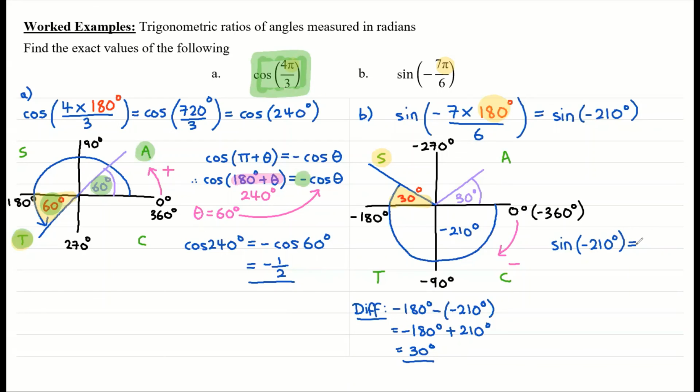And remember, sine is positive in this quadrant. That means that this sine value is also positive. So it must be identical to just the sine of 30 degrees. And then the sine of 30 degrees is, of course, 1/2. So just to finish off, this is equal to 1/2.